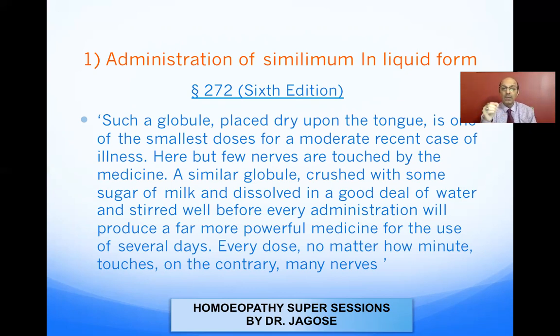But if we crush the globule with some sugar of milk and dissolve it in a good deal of water and then give it to the patient, naturally a much more powerful medicine would come into effect, because it would touch on the contrary many nerves, and the action would benefit the patient.